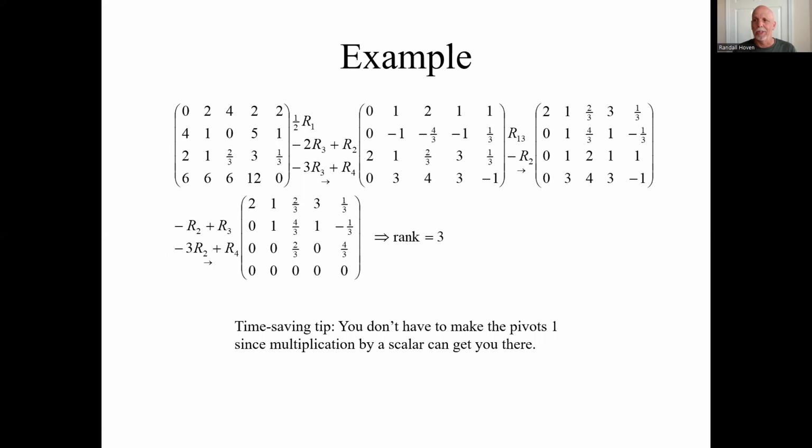I don't want to go through all this arithmetic again, but let's say we started here. What's the rank of this matrix? Well, we do row operations, gradually getting it into row echelon form, or almost row echelon form. I didn't divide this row by 2, so there's not a 1 here. I didn't multiply this row by 3/2, so I don't have 1s. Pivots are not 1s.